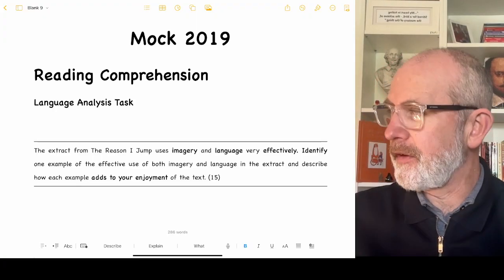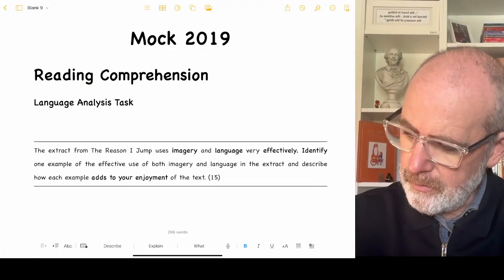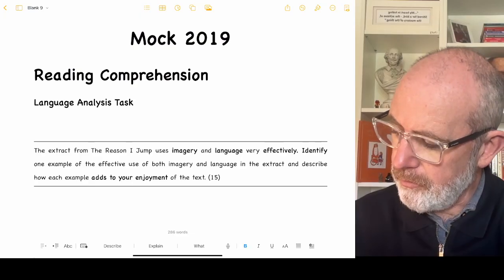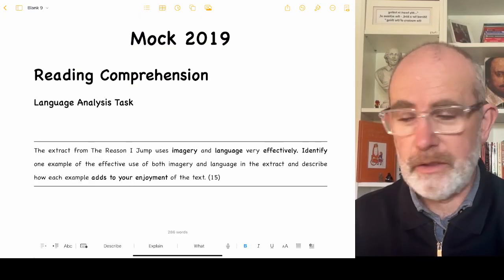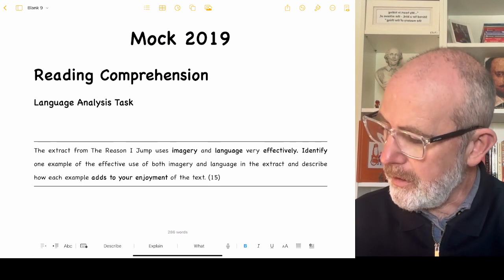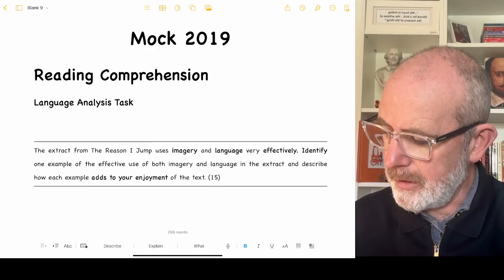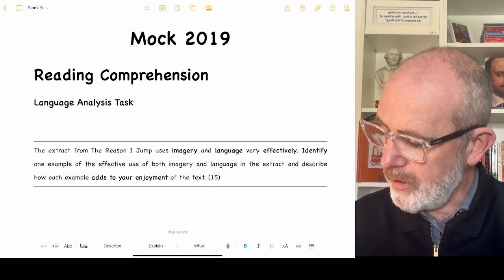Here's the question, it was worth 15 marks. It says, the extract from The Reason I Jump, I'll show you the passage in a second, uses imagery and language very effectively. Identify one example of the effective use of both imagery and language in the extract and describe how each example adds to your enjoyment.